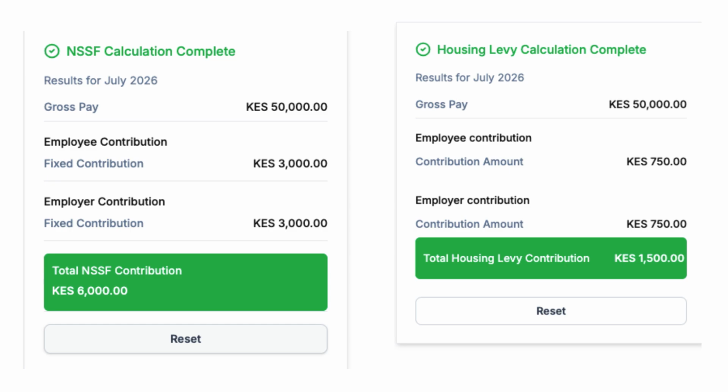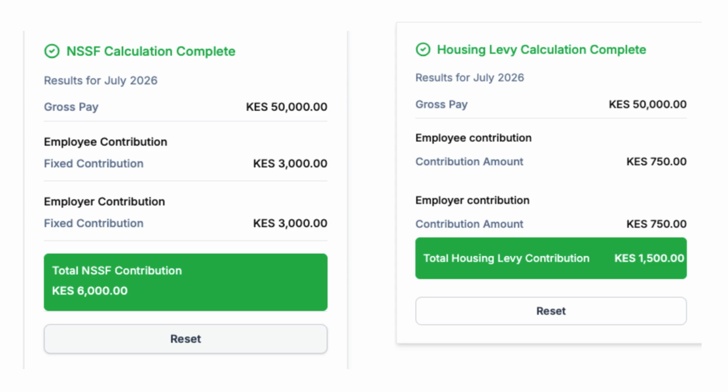Also, keep in mind that these calculations are just estimates as provided by the KRA Tax Calculator. The actual amounts on your payslip may differ by a few shillings depending on the information that is used, but they should not differ significantly.